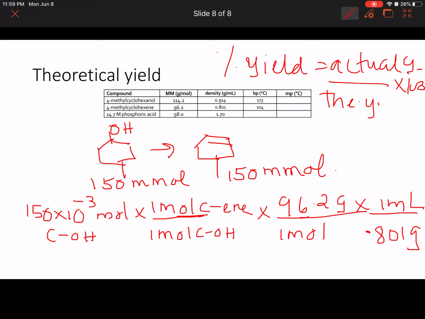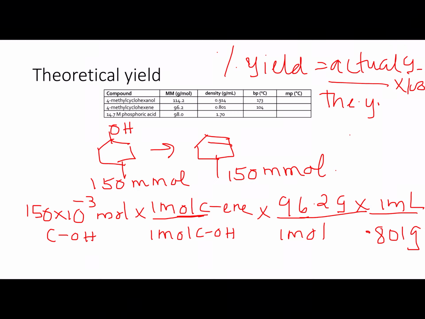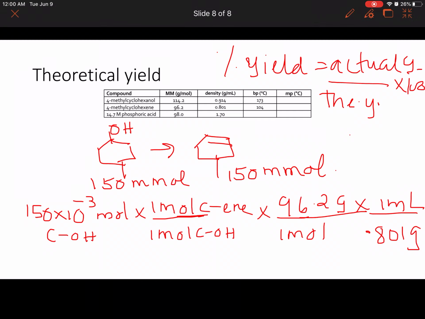Actual yield you should be able to get from your experiment video. Okay, so that's about experiment 1. Now you should be able to answer all the questions and also do the mechanisms for the pre-lab and the post-lab. Okay, bye-bye.